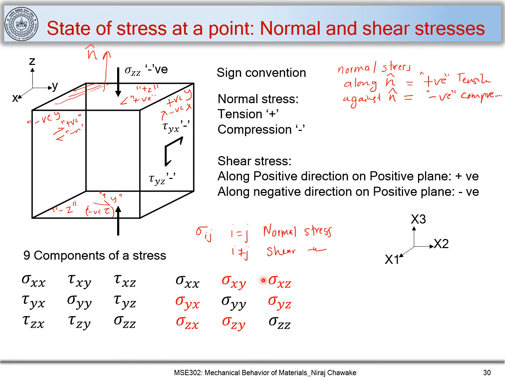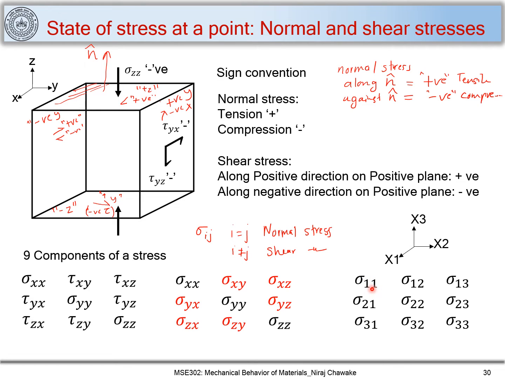So the stress tensor will be represented as sigma 11, sigma 12, sigma 13, sigma 21, sigma 22, sigma 23, sigma 31, sigma 32, sigma 33. Here also the diagonal components are normal stresses, and the other components are shear stresses. So sigma 11 means a normal, perpendicular stress acting on plane 1 along one direction.